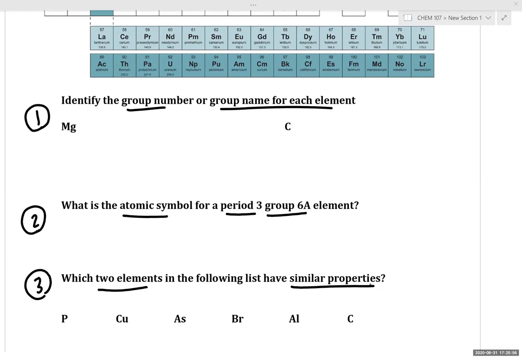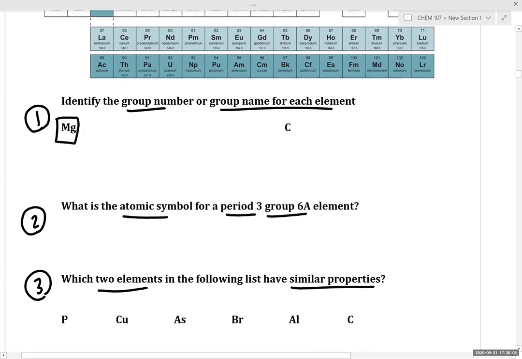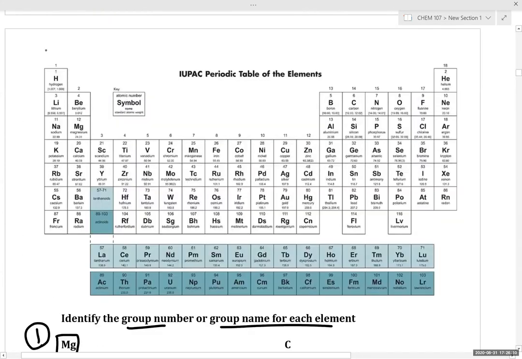So as we've seen a reasonable pool of responses, and we even have more wonderful responses in the chat, let's start off with magnesium. So going to magnesium in the periodic table, let's put in our modified group numbers. These are the ones that are found in our group number annotated periodic table.